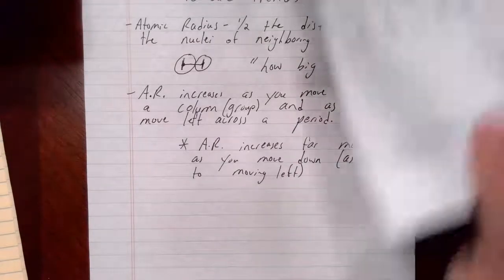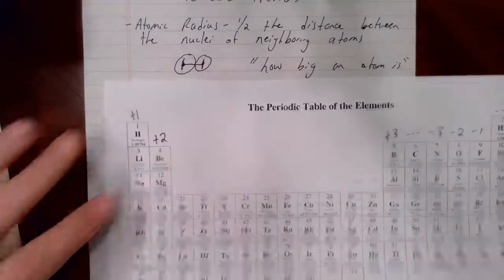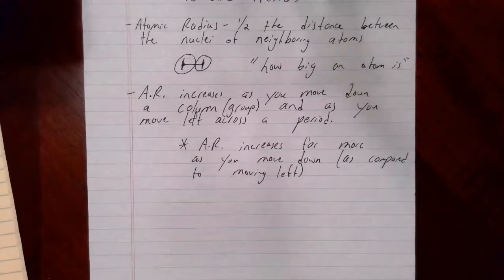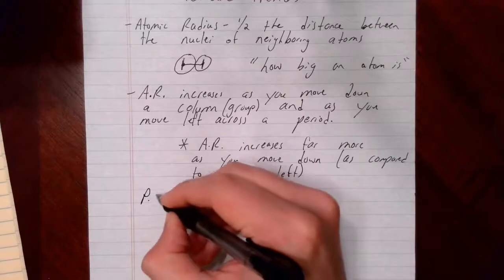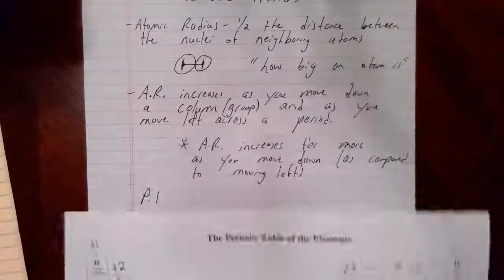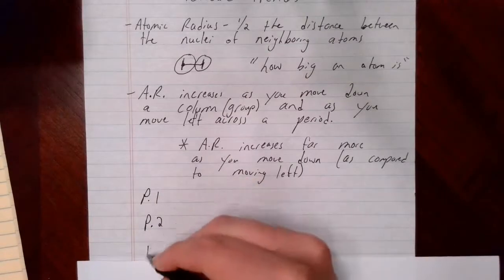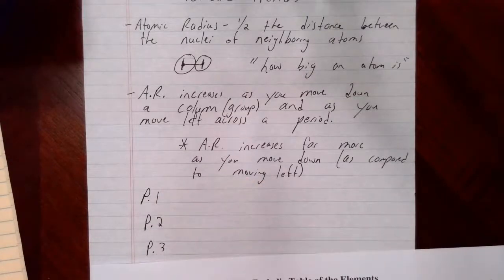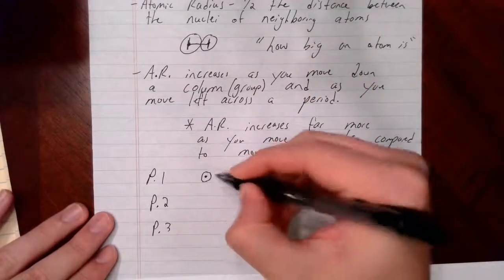So if we were to go down the periodic table, from period 2 to period 3, what do we correlate period number with? And hopefully you know we correlate period number with number of energy levels. So if I look at period 1, that would be hydrogen and helium, versus period 2, versus period 3, so hydrogen versus lithium versus sodium, period 1 only has 1 energy level.